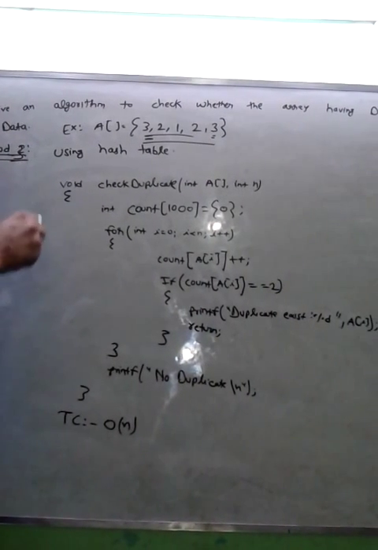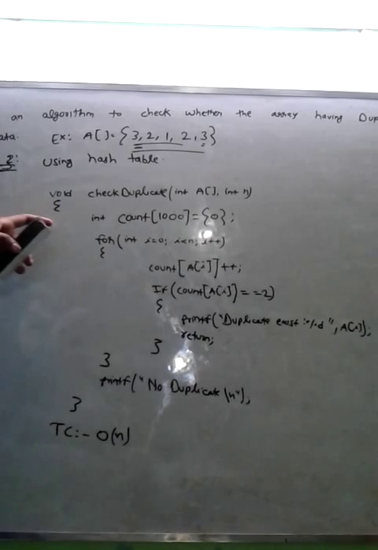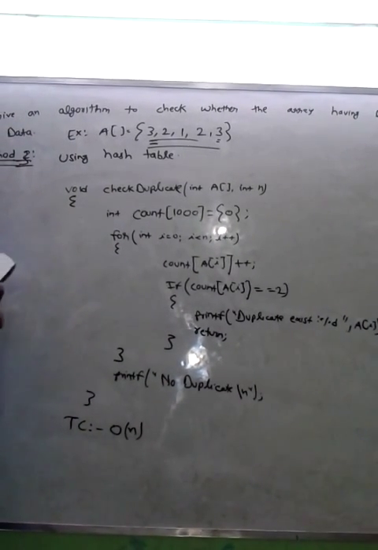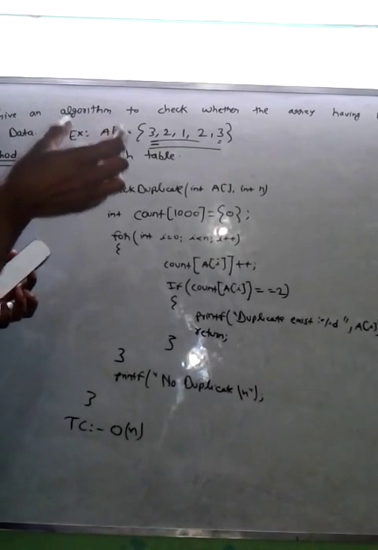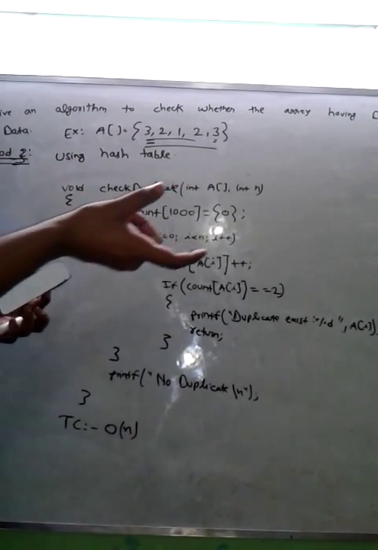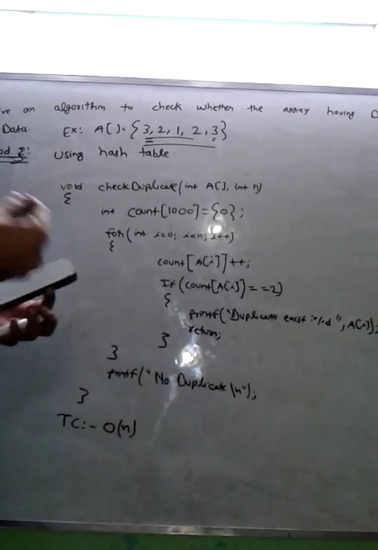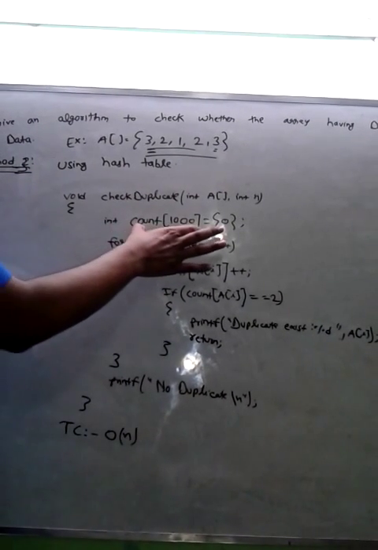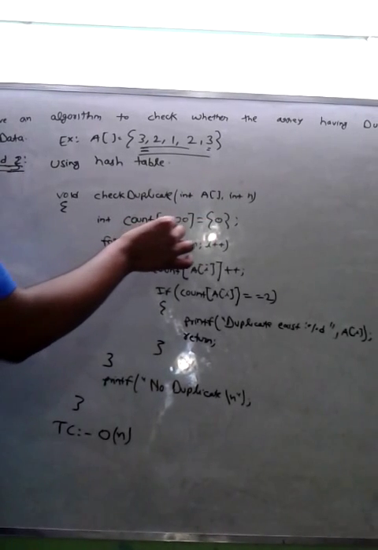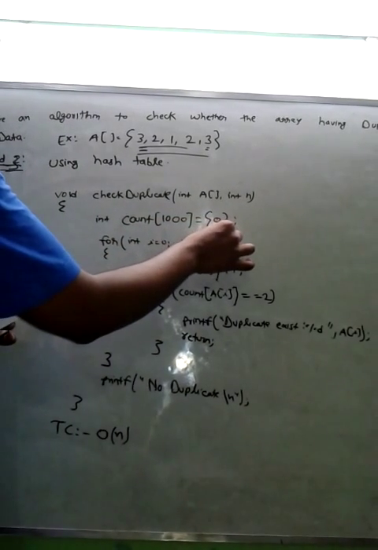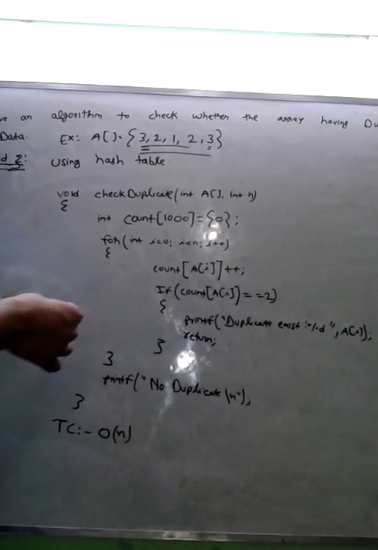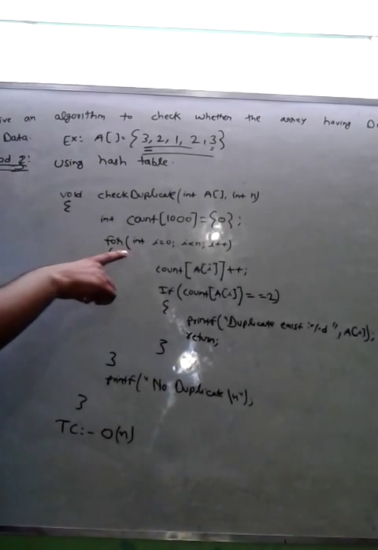Let's see the third method. By using a hash table we can easily do it. Suppose the maximum element in the array is bounded, so we have taken a count array of size 1000. We initialize the count with 0.